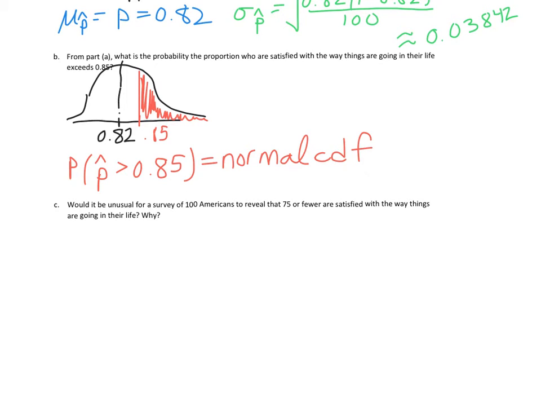Okay, and I'm going to write the parameters down below. We're starting at 0.85. We're going off to infinity. The mean we talked about, it's that population proportion, so 0.82. And then standard deviation, let's not round.